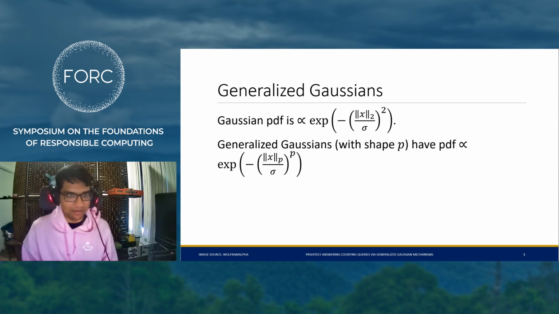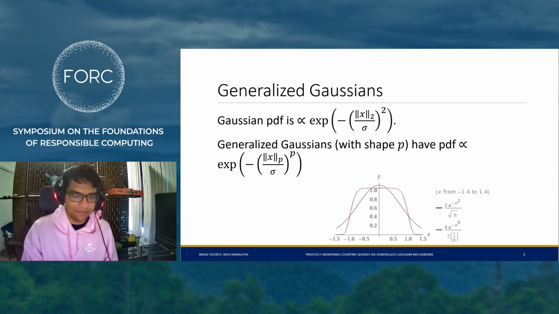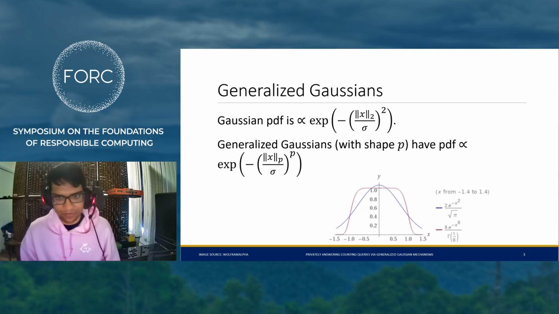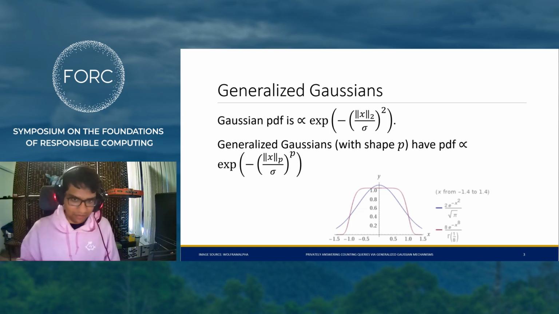Now, why does it make sense to use this noise distribution for the counting queries problem? Here I've plotted a Gaussian with sigma equals 1, and the generalized Gaussian with shape 8, and also sigma equals 1, in blue and purple respectively. You can see that the purple distribution's PDF has a much sharper tail bound.